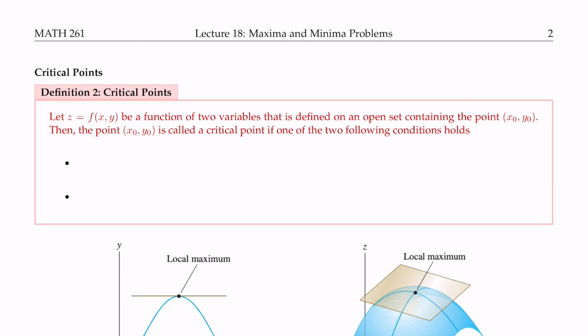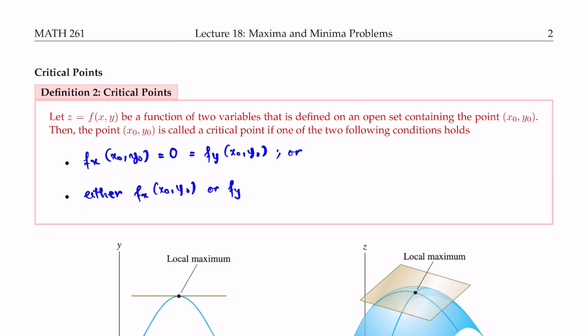That is, the partial derivative of the function with respect to x evaluated at the point x0, y0 equals 0, and the partial derivative of the function with respect to y evaluated at x0, y0 is also equal to 0. Or either the partial derivative with respect to x or the partial derivative with respect to y does not exist. So these definitions look more or less similar to the one we learned in single variable calculus.